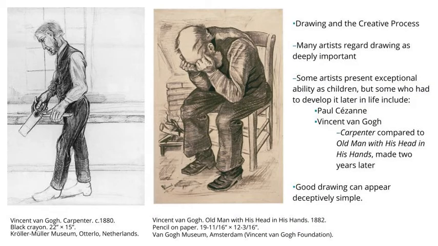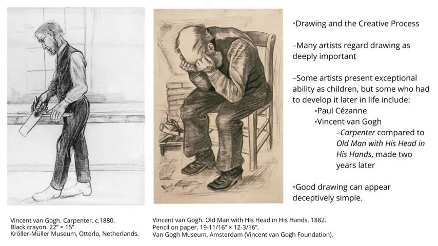Now, drawing is a part of the creative process, and many artists regard drawing as deeply important. Even if drawing isn't their main medium, they regard it as an important step of the process. Some artists present exceptional ability to draw as children, but some of them have to develop it later in life and don't even start picking up a pencil or pen and drawing until they're in their 20s or 30s.